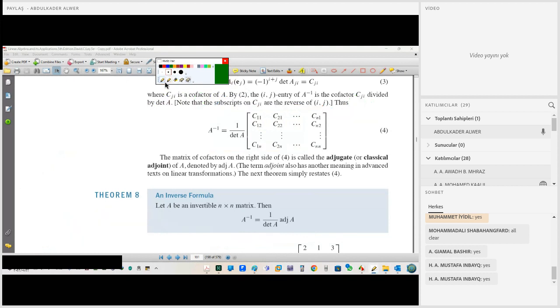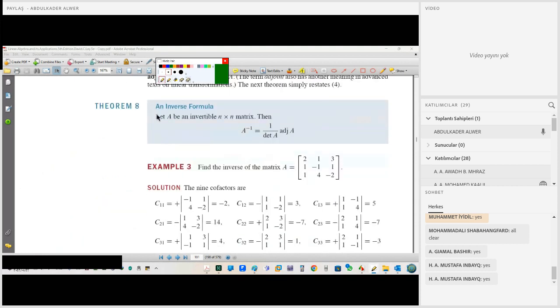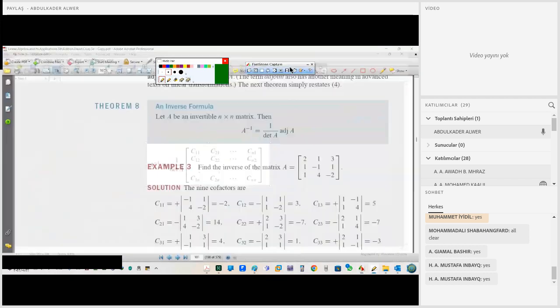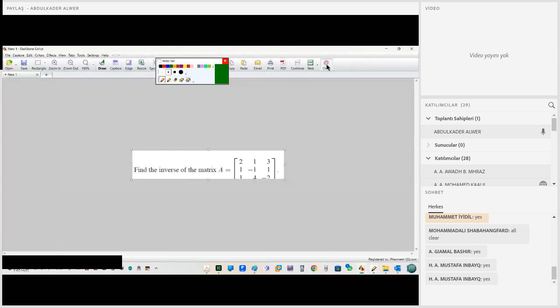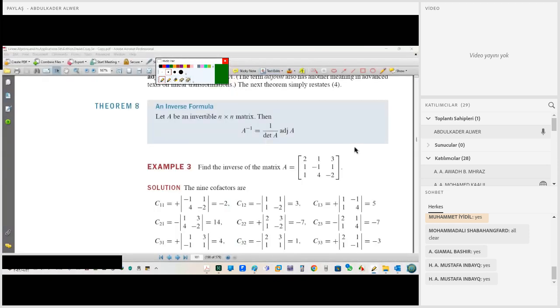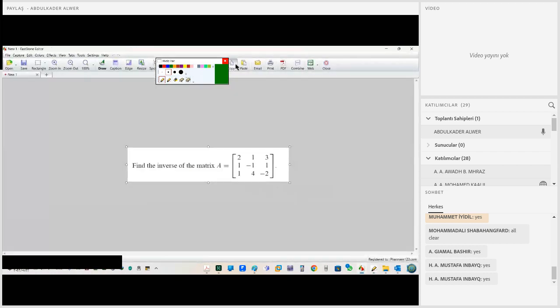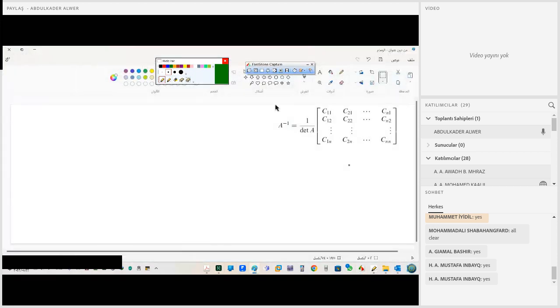Now, what's C11? Let's take this example and solve together. Okay, here is our question.